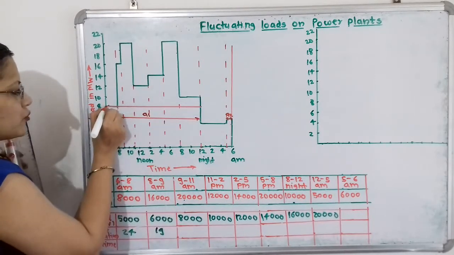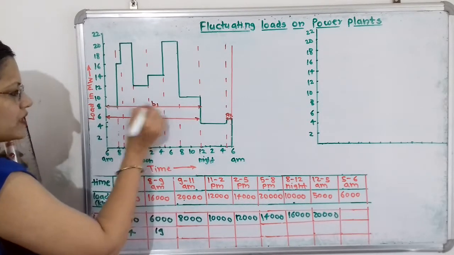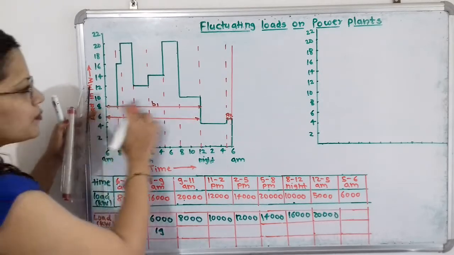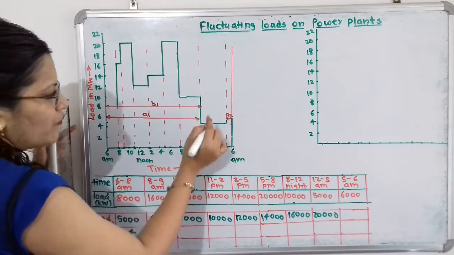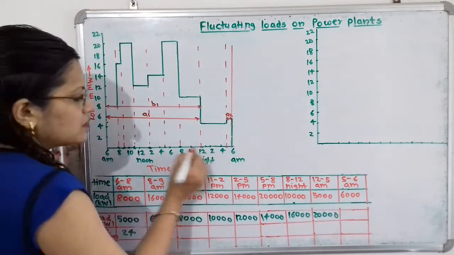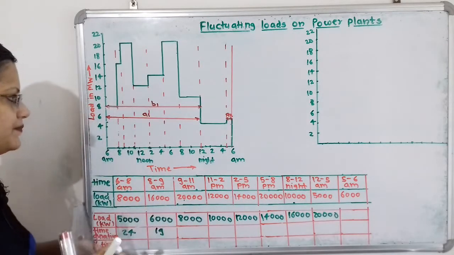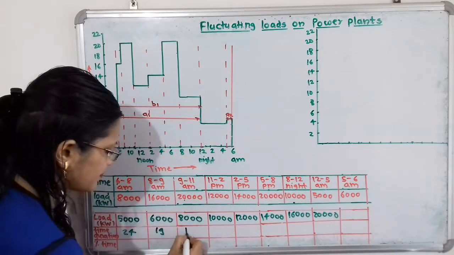I will use here the notation B1. So for this B1, how to measure this total duration? Out of this total 24 hours, we have to skip this number of hours, that is from 12 to 6. So 24 minus 6 is equal to 18. So the value of B1 is nothing but 18.